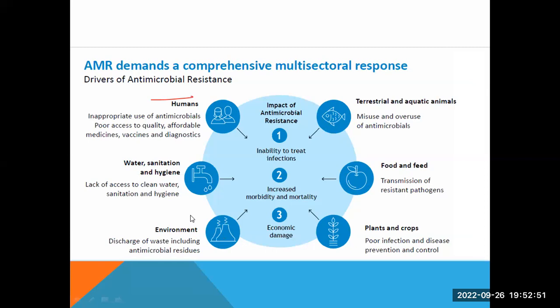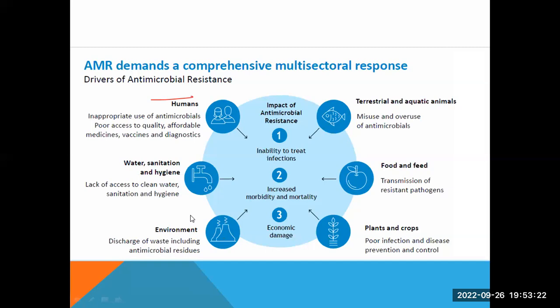And then the terrestrial and aquatic animals: the misuse and overuse of antimicrobials as growth promoting factors, giving colistin, the colomycin, which is the last resort antibiotic in human beings, just feeding it to animals in unjustifiable quantities, and not even knowing how many vials you're breaking and giving to the animals. So this is crazy. Again, the food and the transmission of resistant pathogens back to the food.